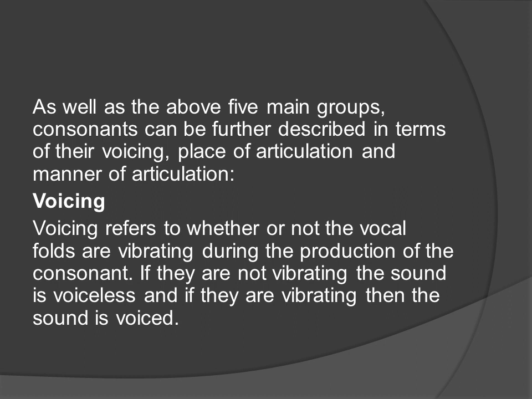Voicing refers to whether or not the vocal folds are vibrating during the production of the consonants. If they are not vibrating, the sound is voiceless. And if they are vibrating, then the sound is voiced.